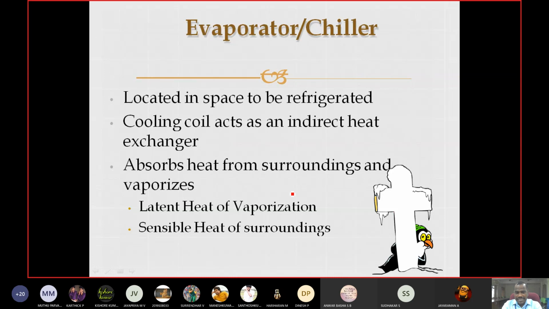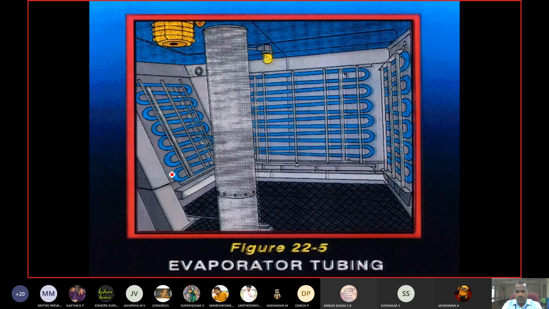Because of that we get the latent heat of vaporization and the sensible heat of the surroundings. So these two heats get absorbed with the use of the evaporator. This is the diagram of the evaporator tubing, which will be inside your component or system, and the refrigerant will get evaporated.